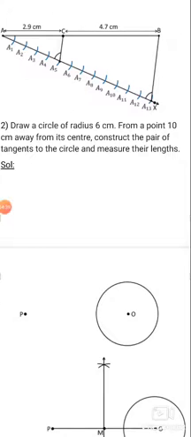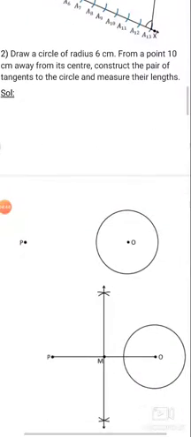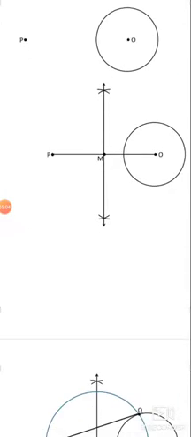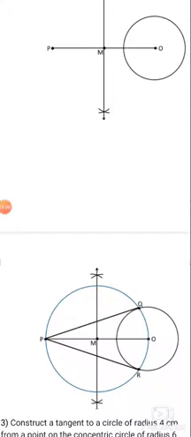We need to draw the tangent from the external point P. So the method is join O to P. After that, take more than half of OP. We draw its perpendicular bisector. Mark that midpoint as M. Now with M as center and OM as a radius, we draw one circle.